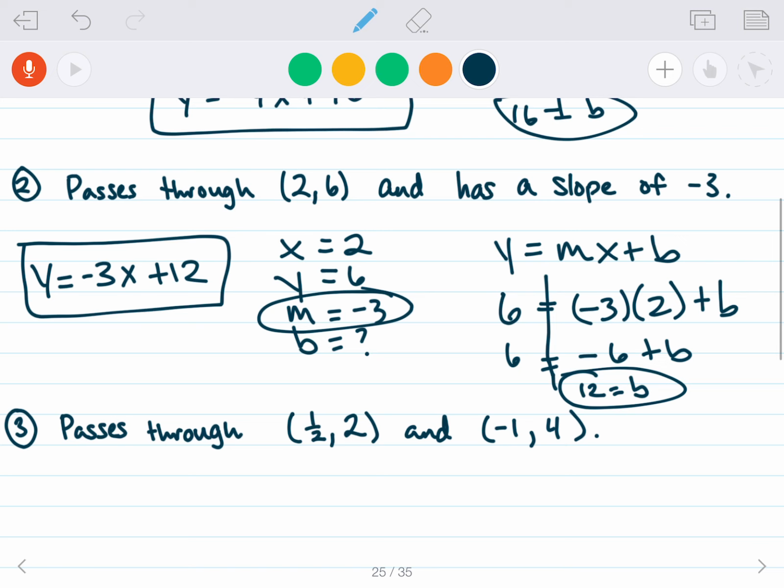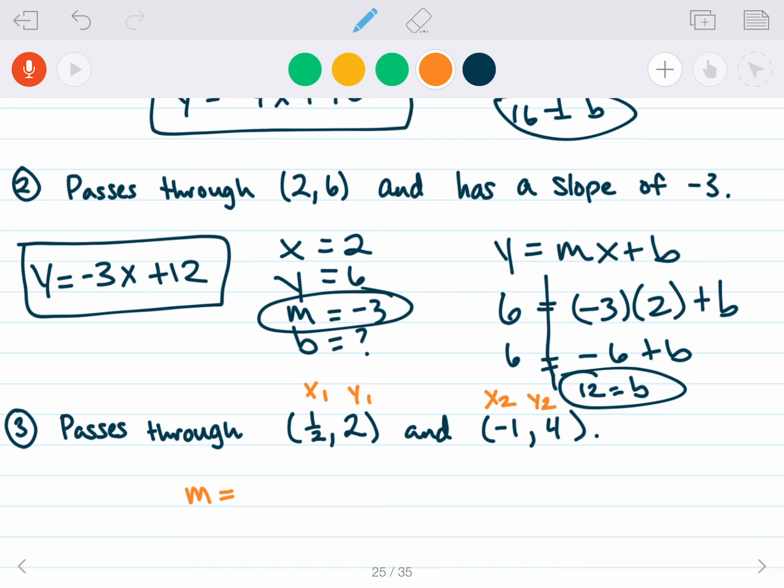Okay. Alright, so here we aren't given anything. We're not given a slope or a y-intercept, but if we're given 2 points, we can find everything that we need. So first, our slope. Well, since we're given 2 points, we can use the formula. We can say this is our first point, x1, y1, and this is our second point, x2, y2.